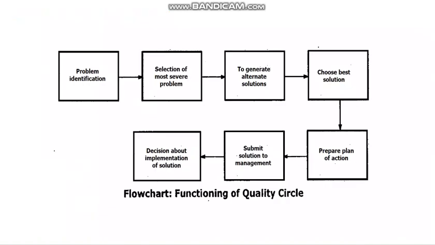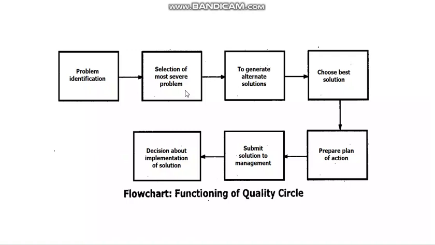The same thing is shown in a flowchart here, the functioning of the quality circle. We start here with problems identification, where many problems may be there. Then selection of the most severe problem as the first step. After the first is solved, you can take the next severe problem, like that.